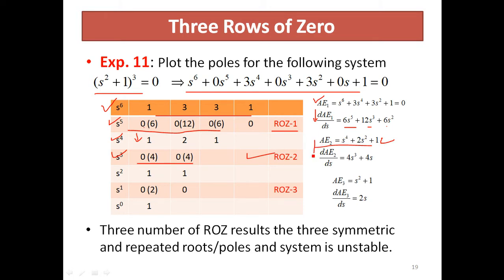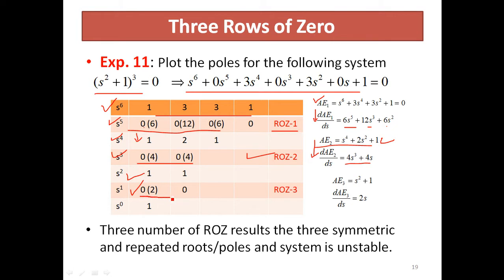Take the derivative. Coefficients of this derivative equation would replace zeros. So 0 is replaced by 4, this 0 is replaced by 4. Now calculate the element of s raised to power 2. Calculate the element of s raised to power 1.